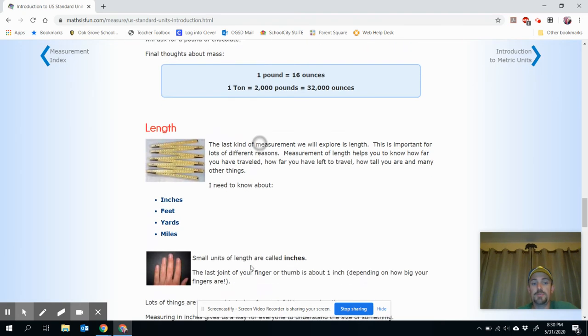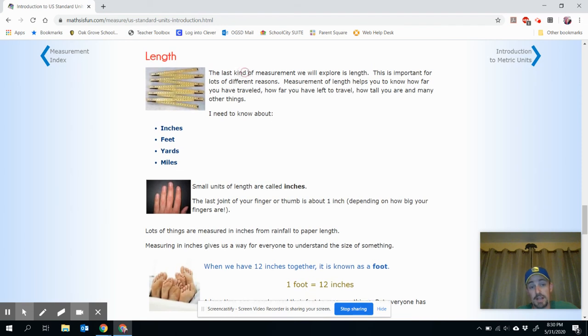Last but not least is length. This is measured in inches, feet, yards, and miles, and you're probably very familiar with those. You know for a fact that 12 inches equals a foot. Everybody's known that since about second grade.